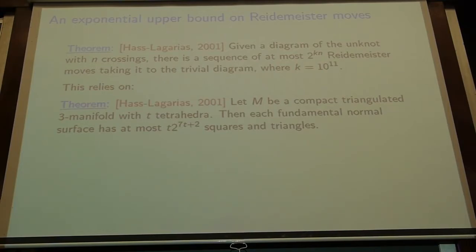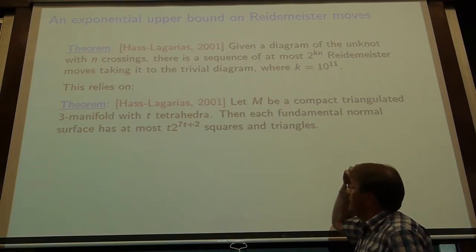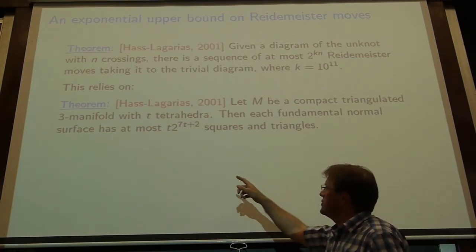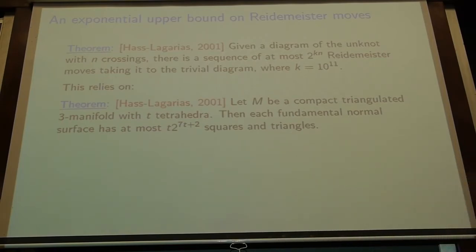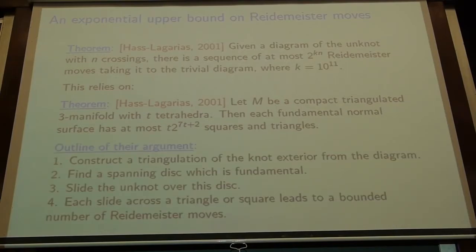Again, fairly elementary linear algebra gives you that each fundamental normal surface, if you have a triangulated manifold with T tetrahedra, has at most exponentially many triangles and squares. Okay, so the way that argument works is you construct a triangulation of the knot exterior from the diagram, and you're a little bit careful to make sure that the tetrahedra are nice and straight in R3.